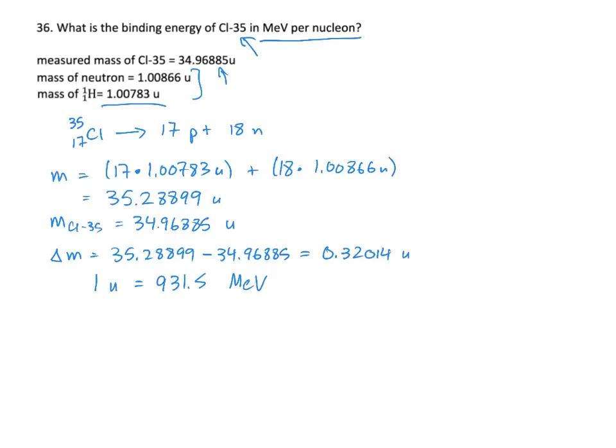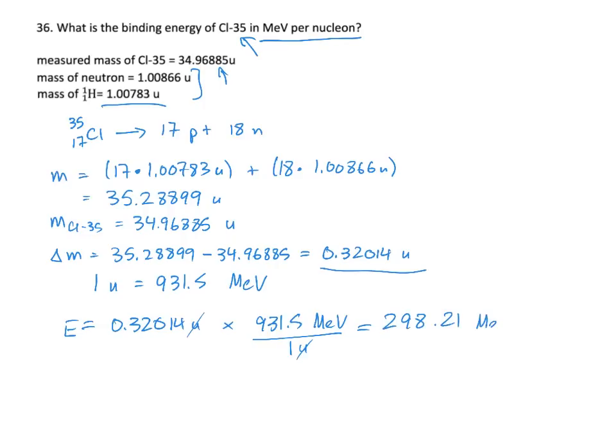So we can convert the value we've calculated directly, E is equal to 0.32014 u multiplied by 931.5 mega electron volts per 1 u. The u's will cancel and you end up with 298.21 mega electron volts.